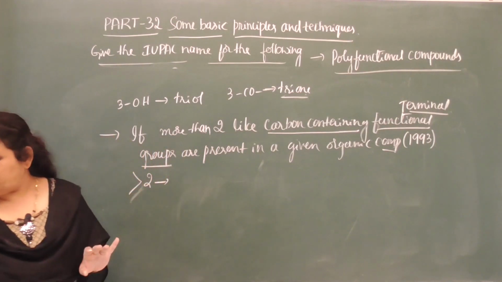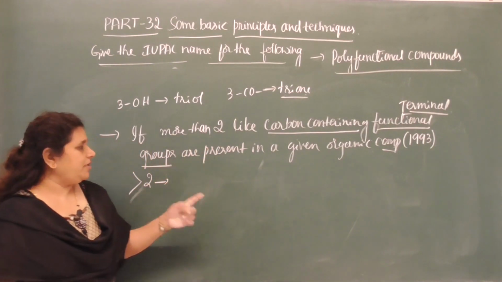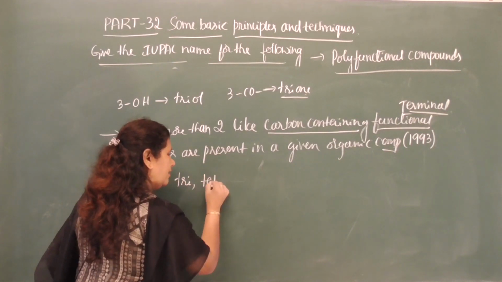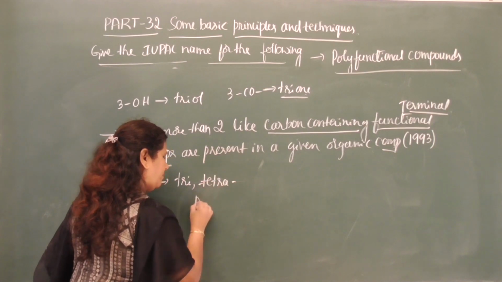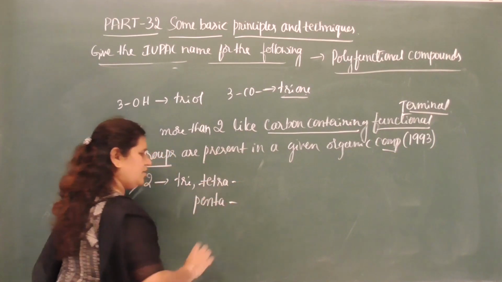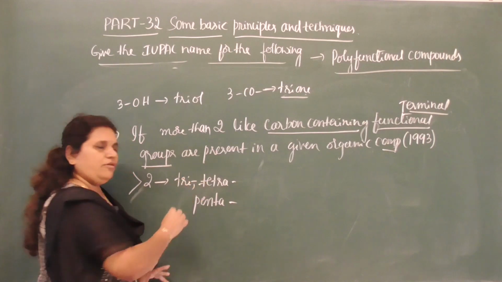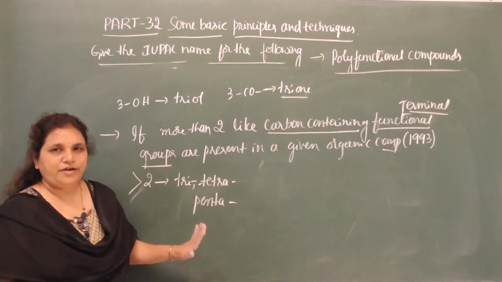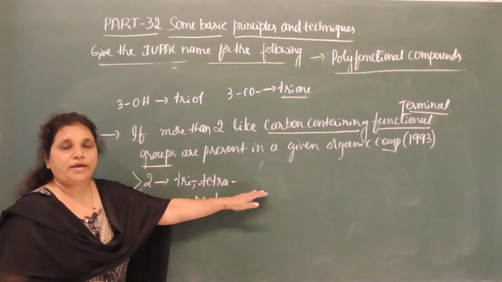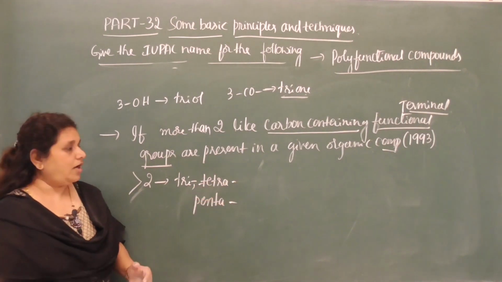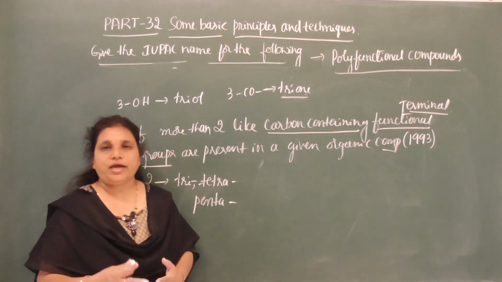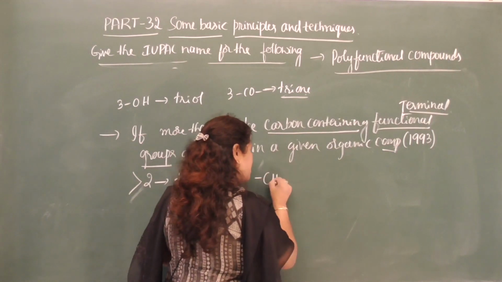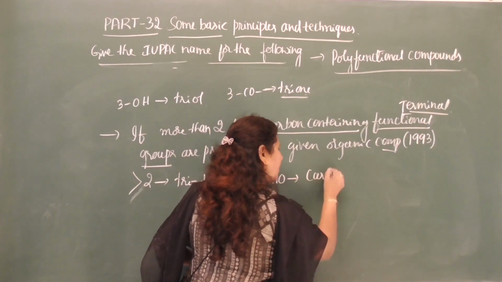If more than 2 carbon containing terminal functional groups are present, you have to use tri, tetra, penta, like that. Tri for 3 groups, tetra for 4 groups, penta for 5 groups. But this is followed by a new suffix, not al for aldehyde. So for aldehyde we need to use carbaldehyde.